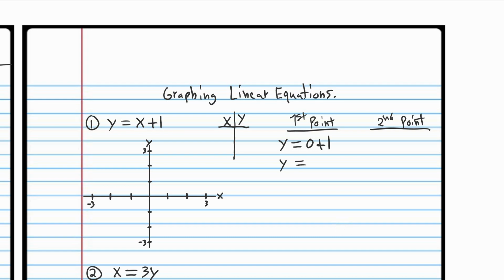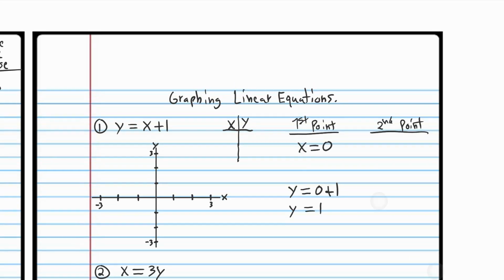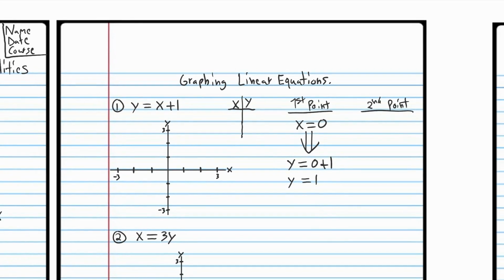So 0 plus 1 is 1. So y equals 1. I'm going to go ahead and write what x equals, just to be absolutely clear. So we're going to let x equal 0, and then we're going to plug that into the equation. And again, you can see that if x is 0, then y is 1.